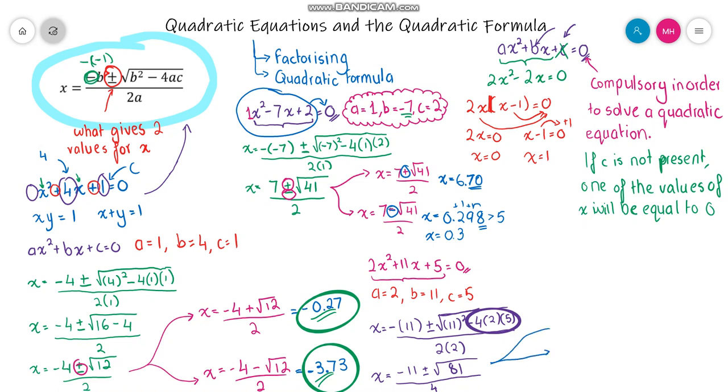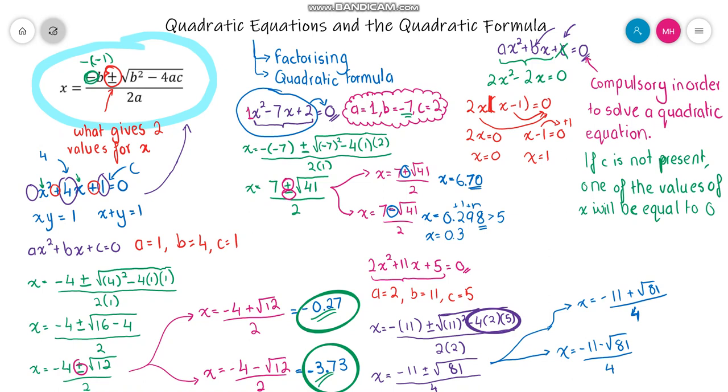So x is equal to negative 11 plus the square root of 81 over 4, and then we use the second one where the sign is negative, negative 11 minus the square root of 81 over 4.